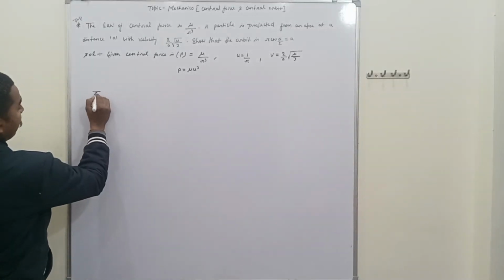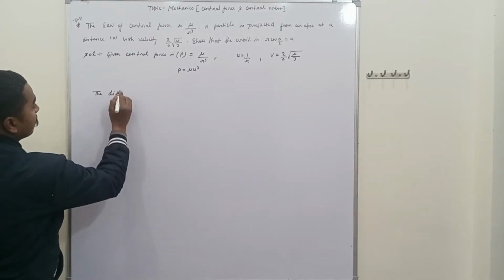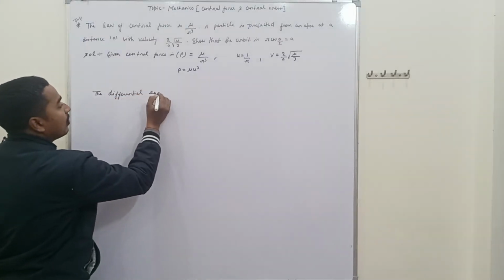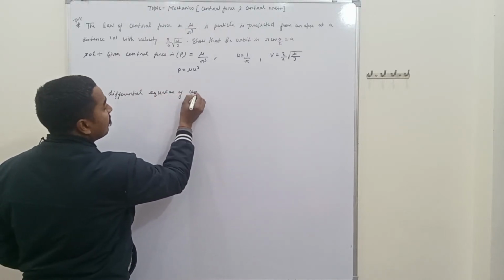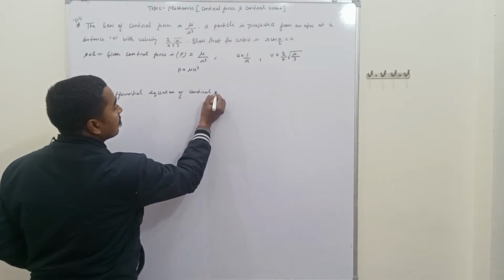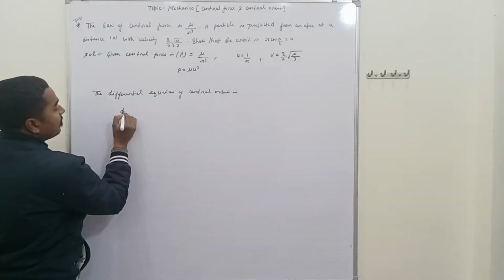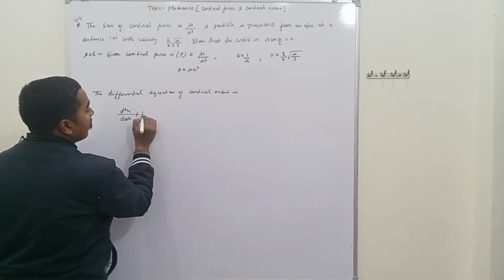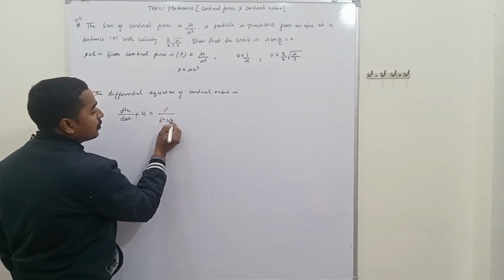Further, the differential equation of central orbit is d2u upon d theta square plus u is equal to P upon h square u square.